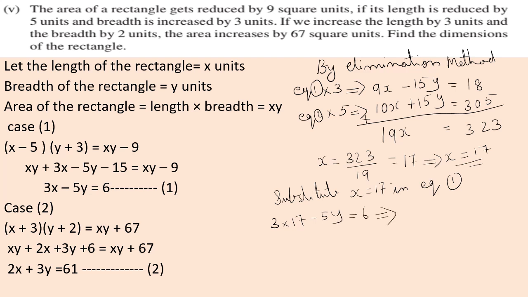From this you can write it as 7 3s are 21, that is 51 minus 5y equal to 6, that is 5y equal to 51 minus 6. From this you will get y equal to 45 upon 5, that is equal to 9.